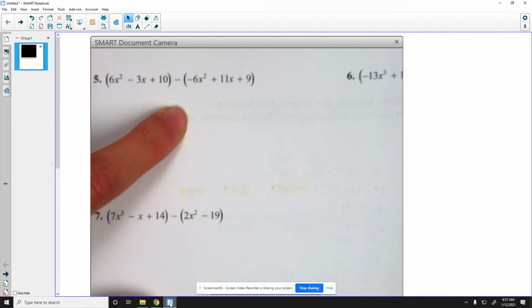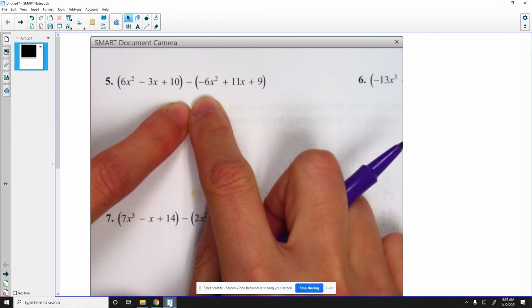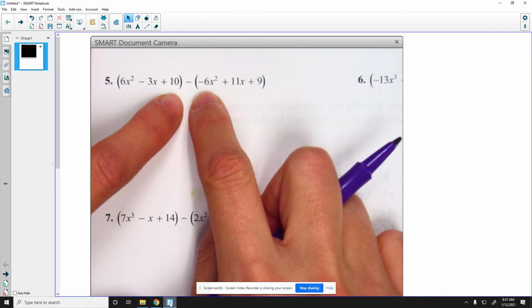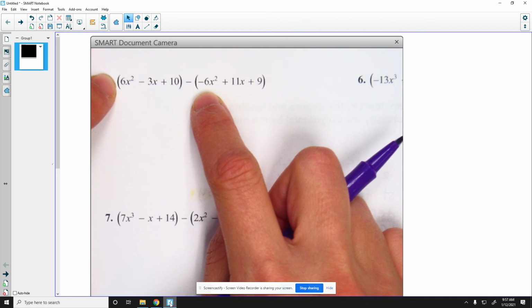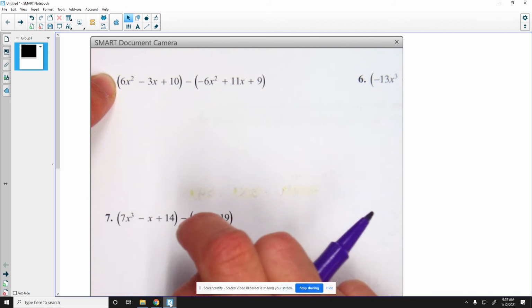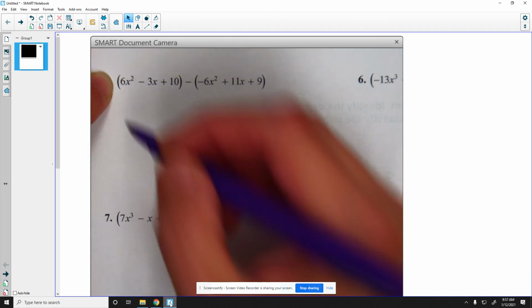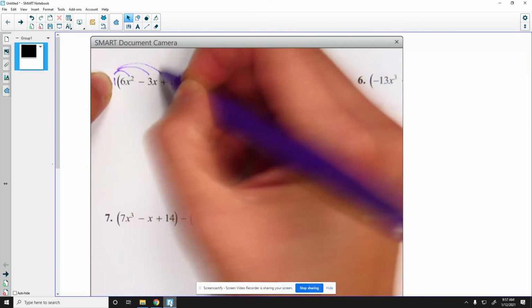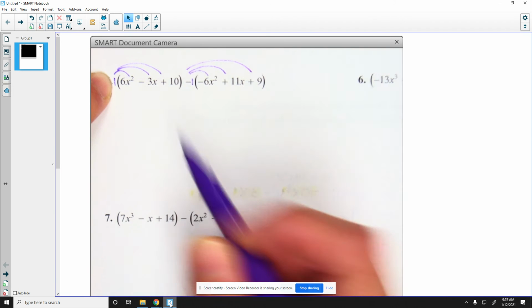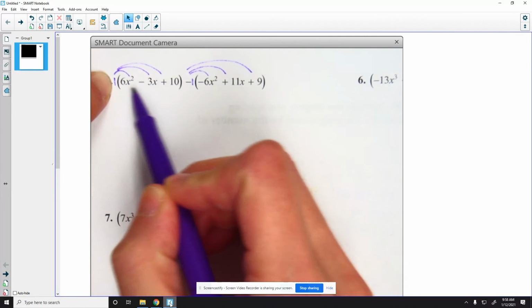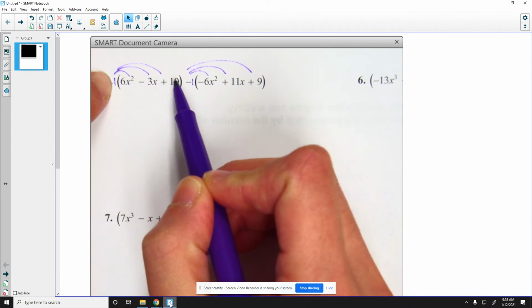All right. This one. Number 5. Does anyone remember, how do I approach this? What do I have to do for this problem? Because there is something special I had to do because there's a minus in between. Tessa, how do I rewrite it? When you distribute the 1, you get the same thing, then you distribute the -1. Okay, so Tessa's saying the first group of parentheses, if I were to distribute the 1, you get the same answer.